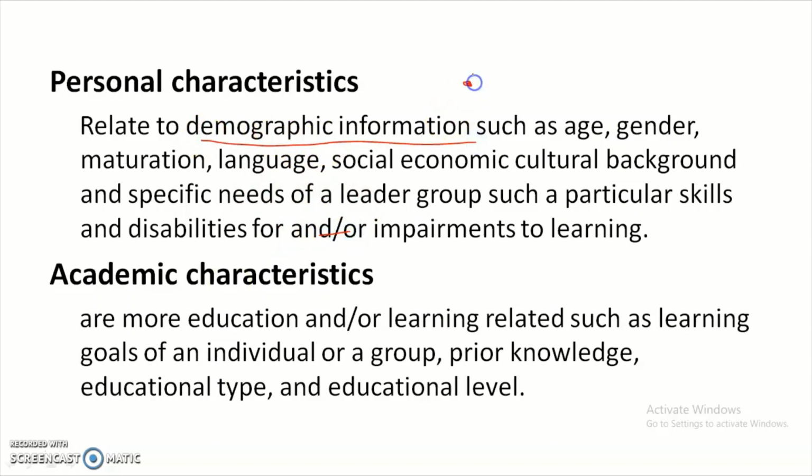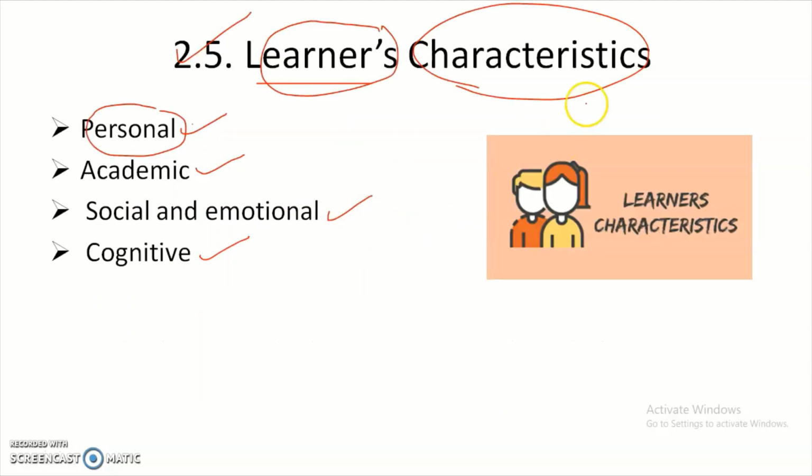At which place they are located also matters. Their personal characteristics depend on age, gender, language, social, economic, and cultural background, and the specific needs of the learner groups. All these personal things will impact the learner's characteristics.